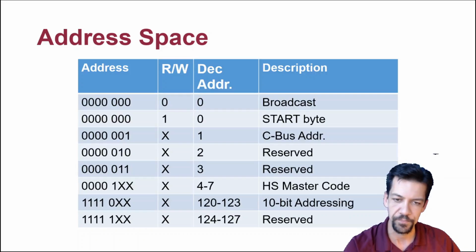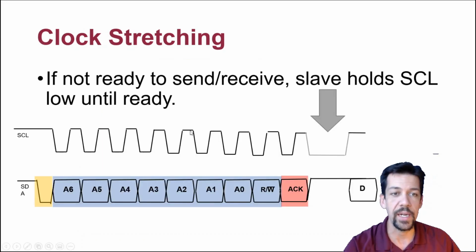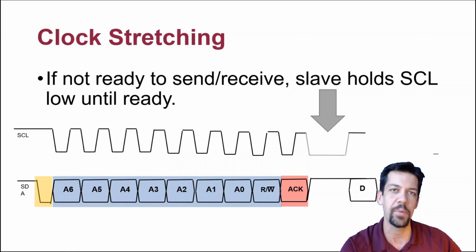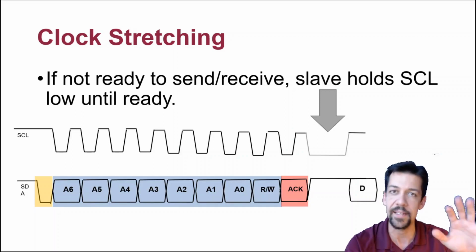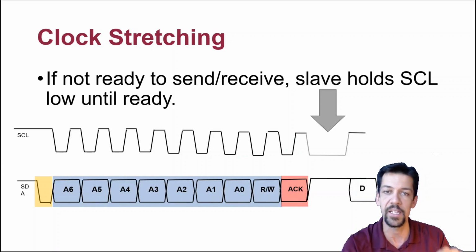There's also such a thing called clock stretching, and basically what happens is if the receiver is not ready to send or receive, the slave will hold the SCL line low until it's ready. It's basically saying, hey, wait, I need some time.